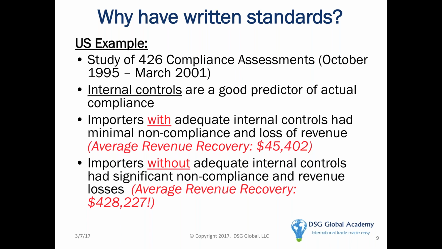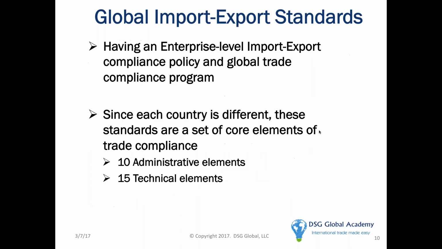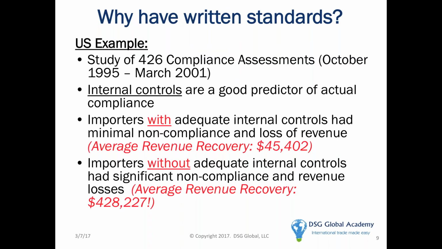So how do we identify those companies that are in great shape so we don't waste our time on them and focus our time on non-compliant companies where our return on investment will be a lot higher, right? We'll be able to collect more penalties for non-compliance. And what they found was there was one parameter, one factor and characteristic that separated the good from the bad. And that was internal controls.